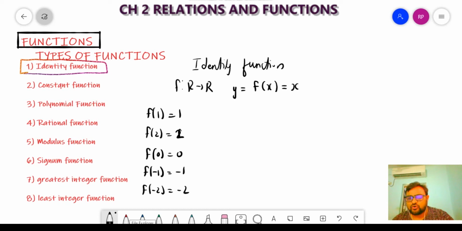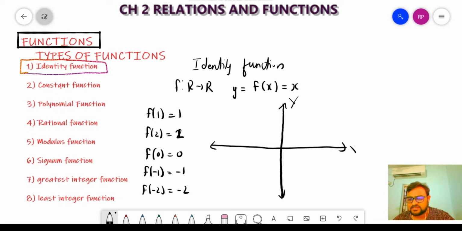Now if I want to draw the graph of the identity function, let this be the y-axis and this be the x-axis. Let the coordinates be 1, 2, 3, minus 1, minus 2, minus 3 on each axis.